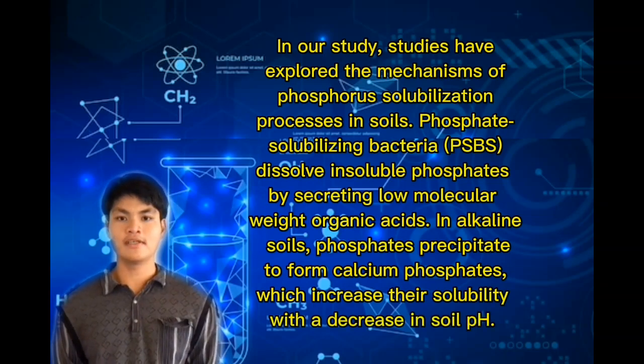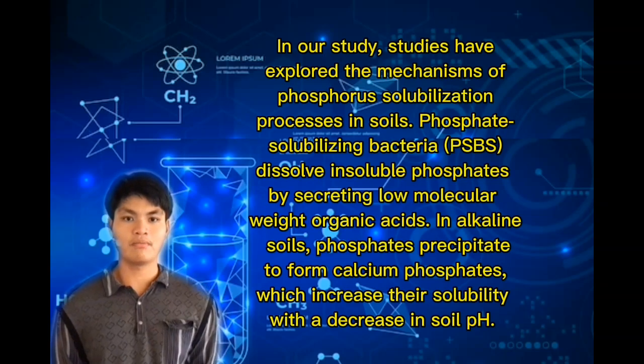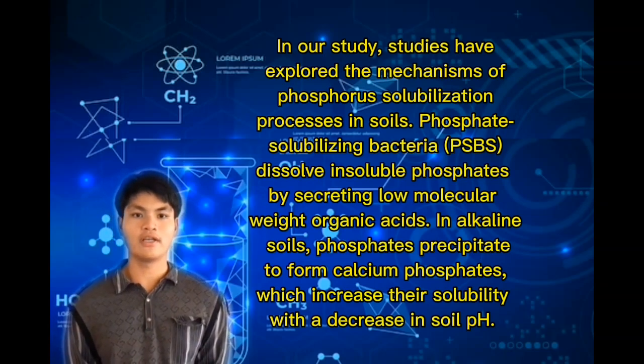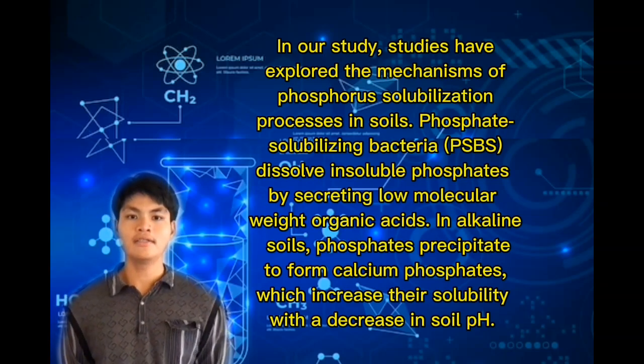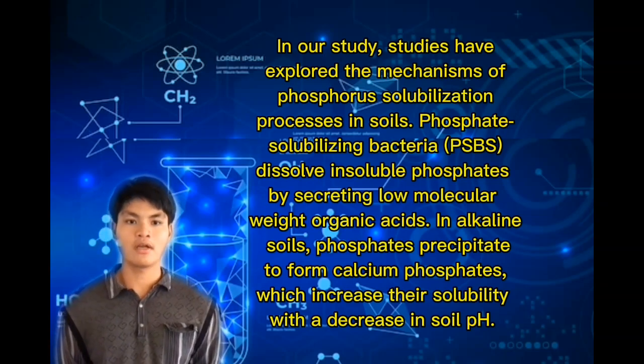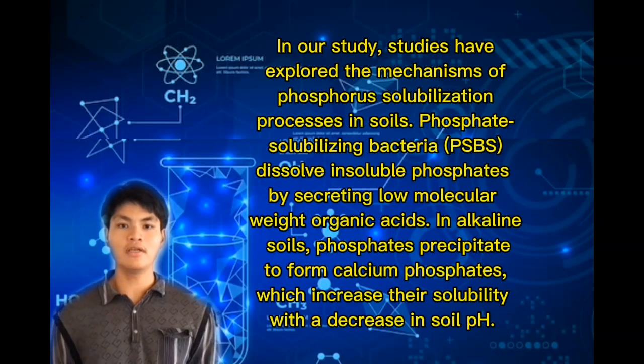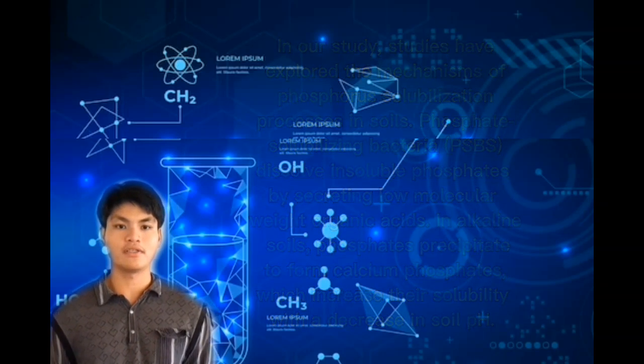Phosphate solubilizing bacteria (PSB) dissolve insoluble phosphate by secreting low molecular weight organic acids. In alkaline soil, phosphate precipitates to form calcium phosphate, and solubility increases with a decrease in soil pH.